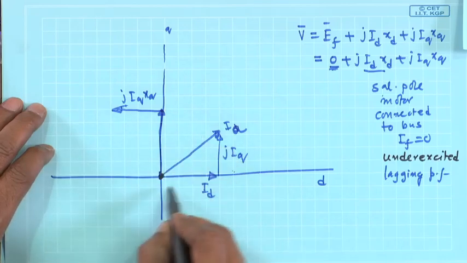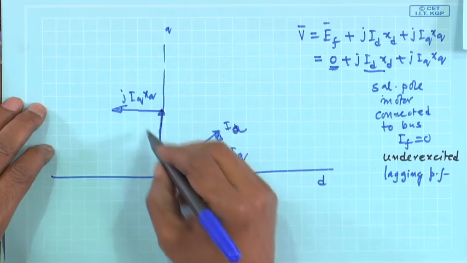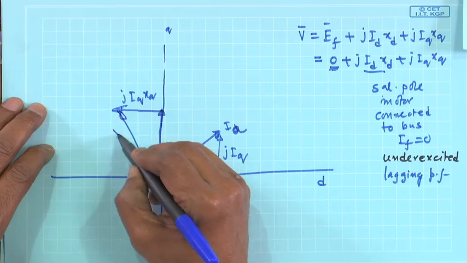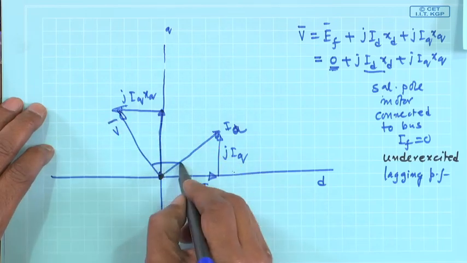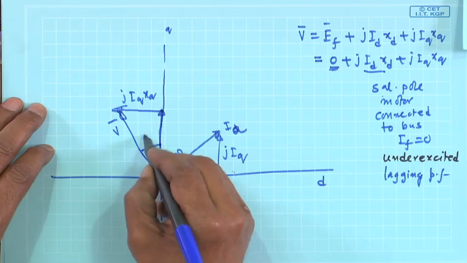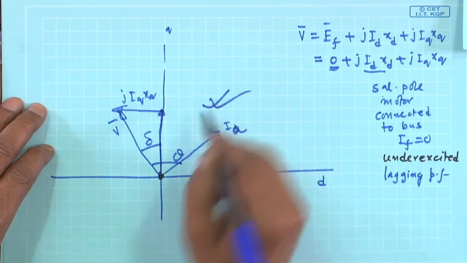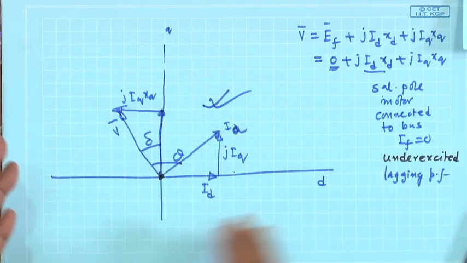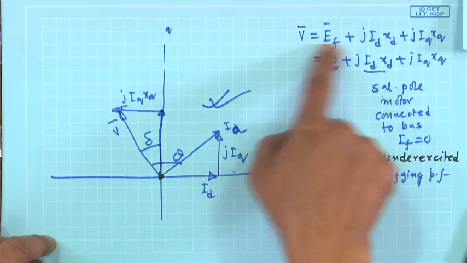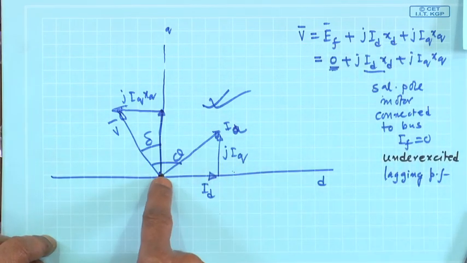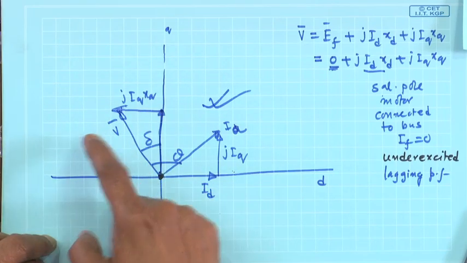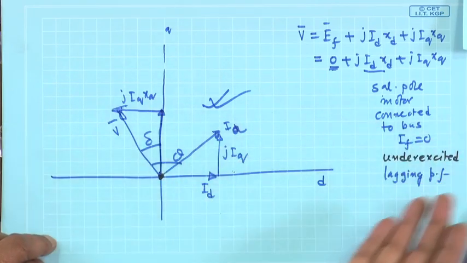Everything is consistent, and this is your V, this will be your theta and this will be your delta. This is the most correct one, with XD and XQ. So give proper argument and write correct equations. So EF 0 plus J ID XD plus J IQ XQ gives you V, lagging power factor, under excited.